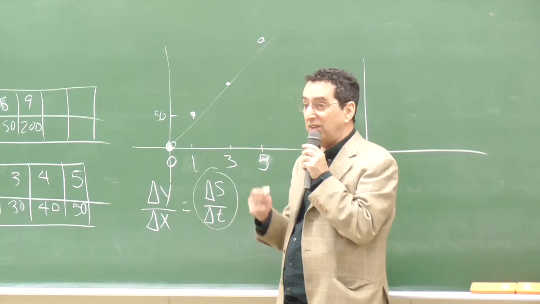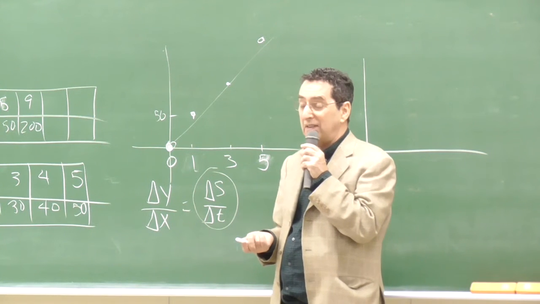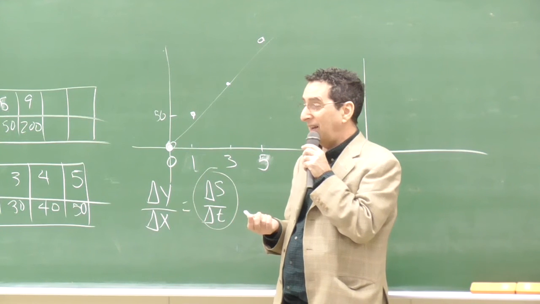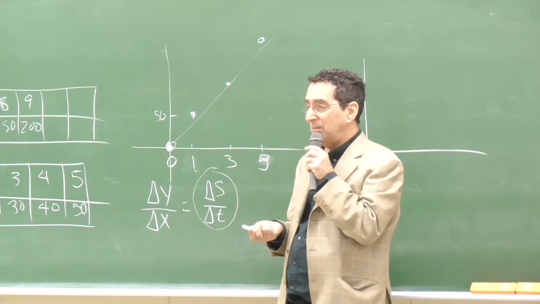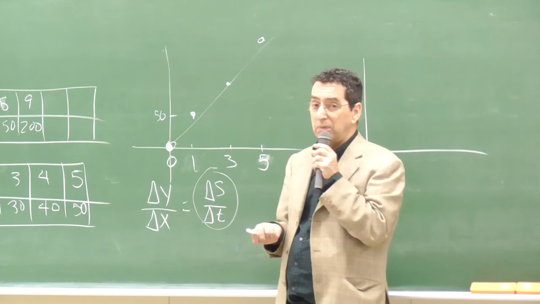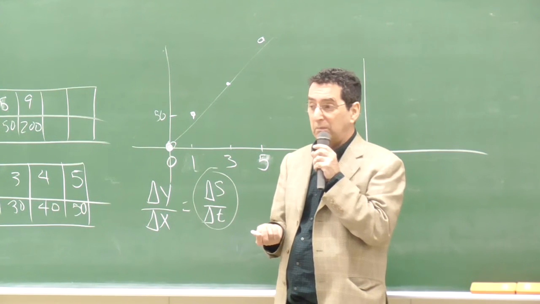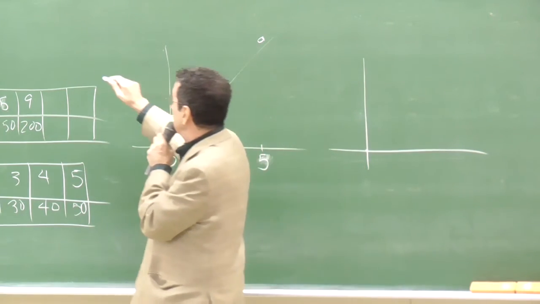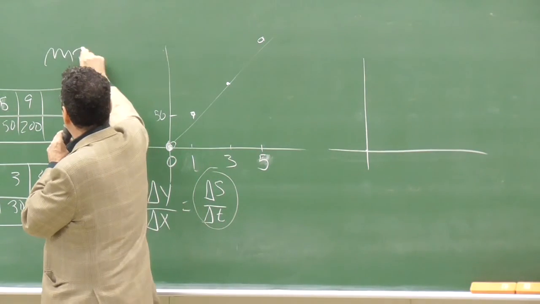Velocity, right? How do we measure how fast a car is going? Does everybody use miles per hour? Or do they use meters per whatever it is? Let's say I'm just used to miles per hour, mph.